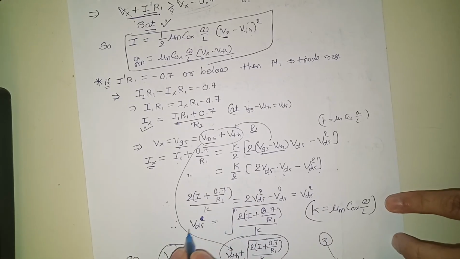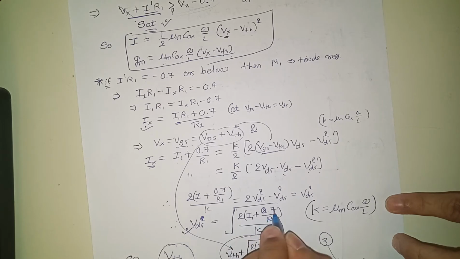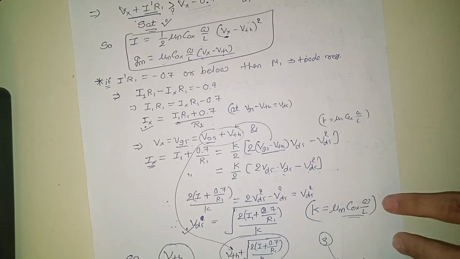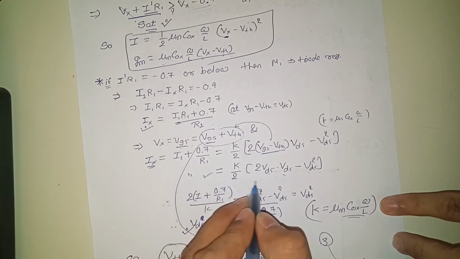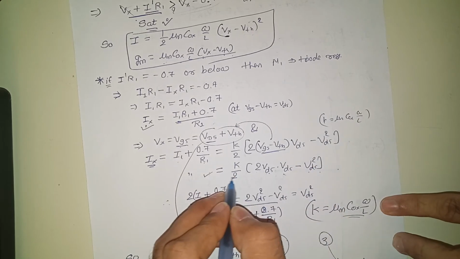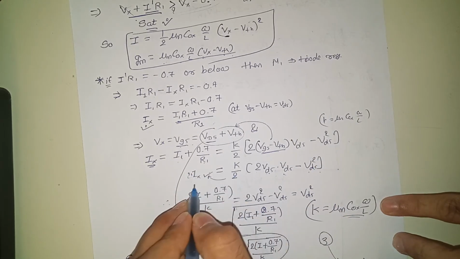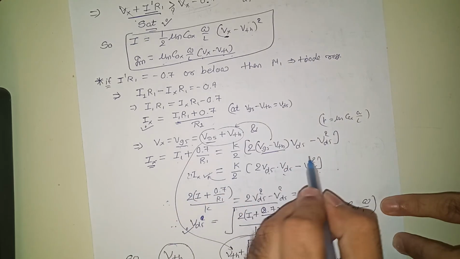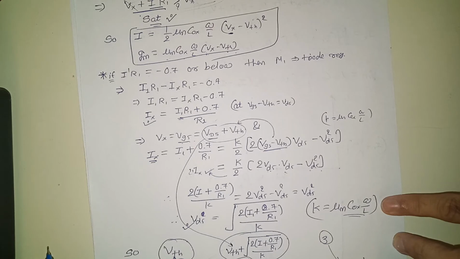So you will get Vds is equal to 2I1 plus 0.7 upon R1 upon k, where k is mu n Cox W by L. From this equation you can easily get Vds square, 2 will go there, that is Ix you can write here, 2Ix upon k, and that is a square term here, so all of it will be under root.